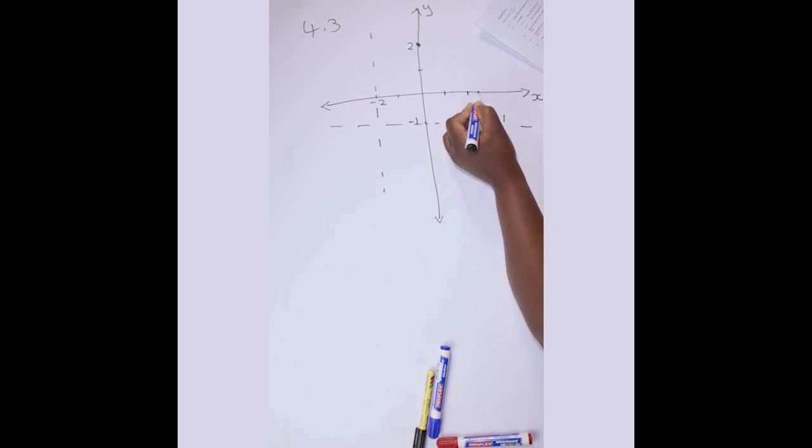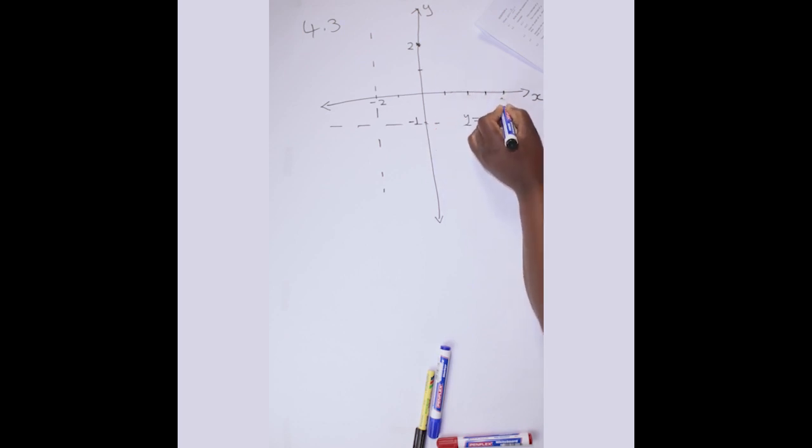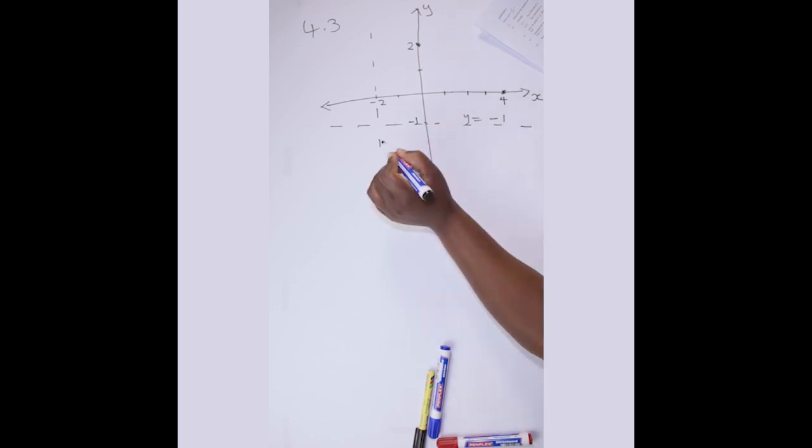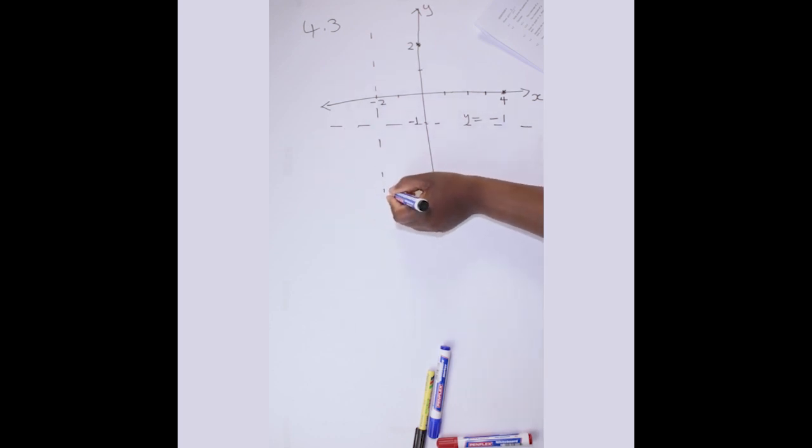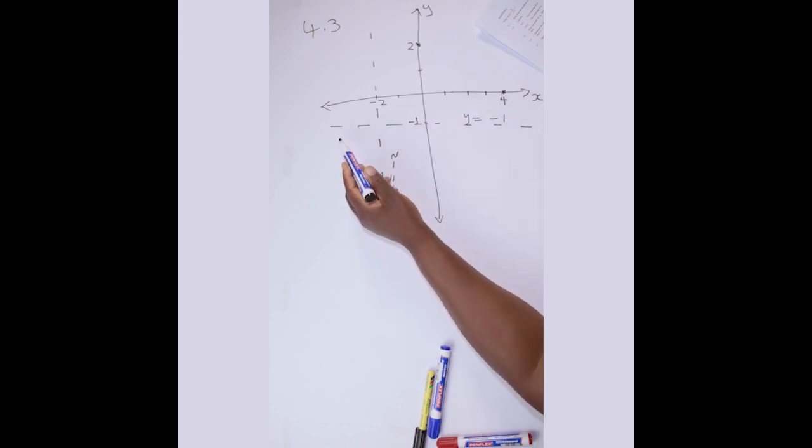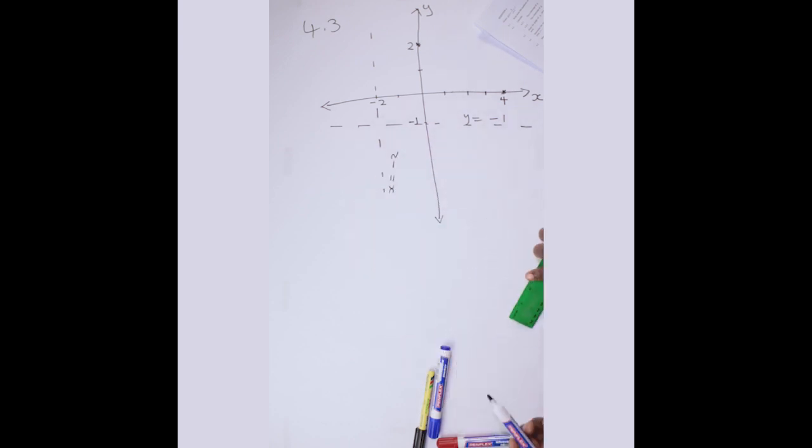This is not up to scale, but this is the point 4. When we are drawing this, we have to remember that the graph will never touch two lines: the line x equals -2 and the line y equals -1.